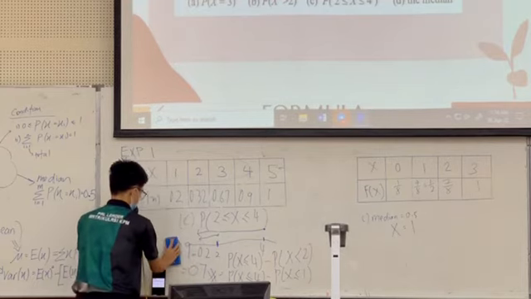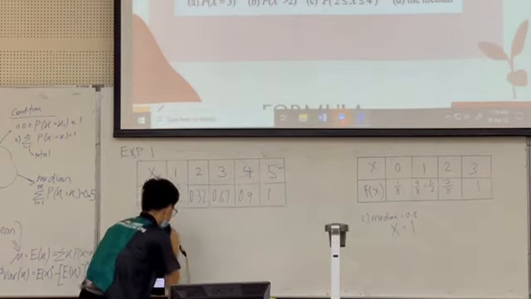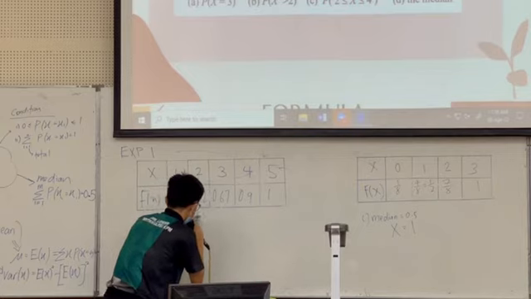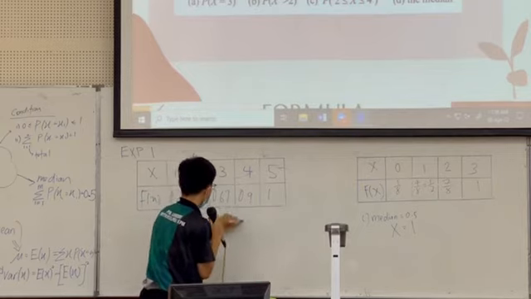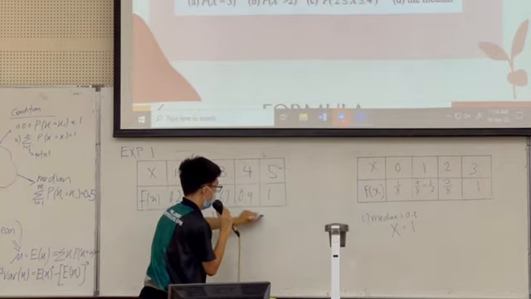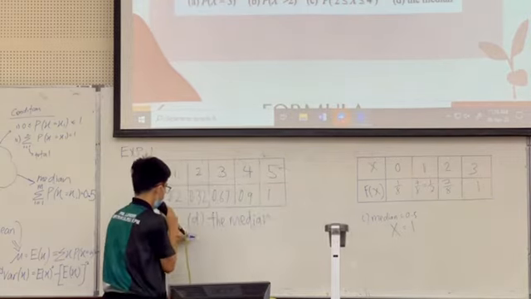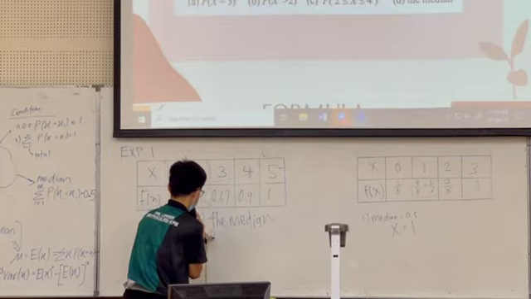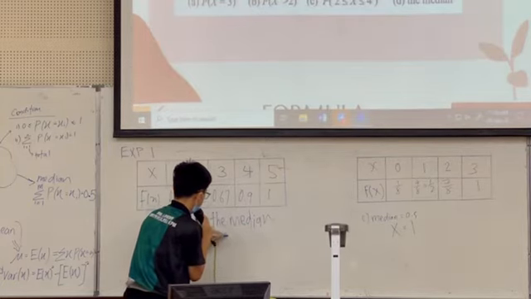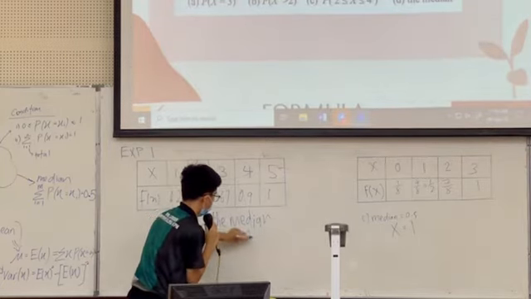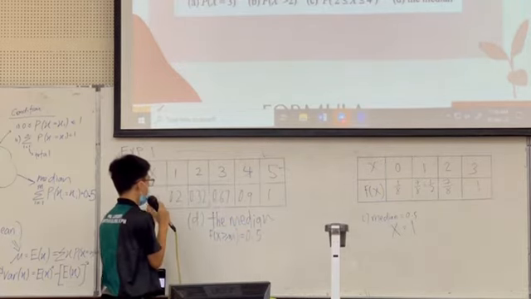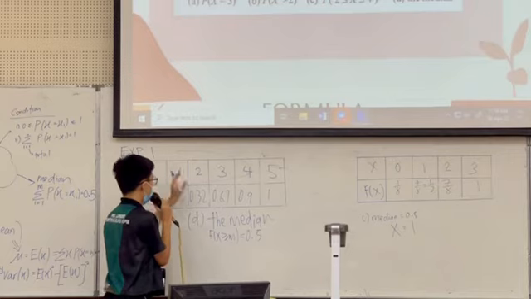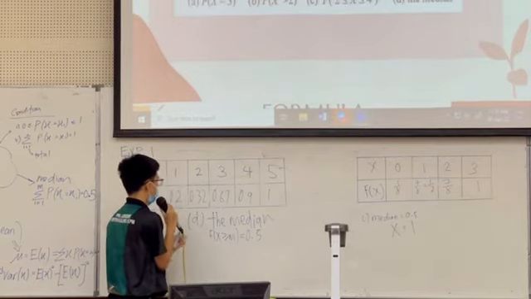Okay, final question. We now want to find the median. So what is meant by median? Median is when F(x) at m is equal to 0.5. Through this table, we can see where the value gets exactly 0.5.